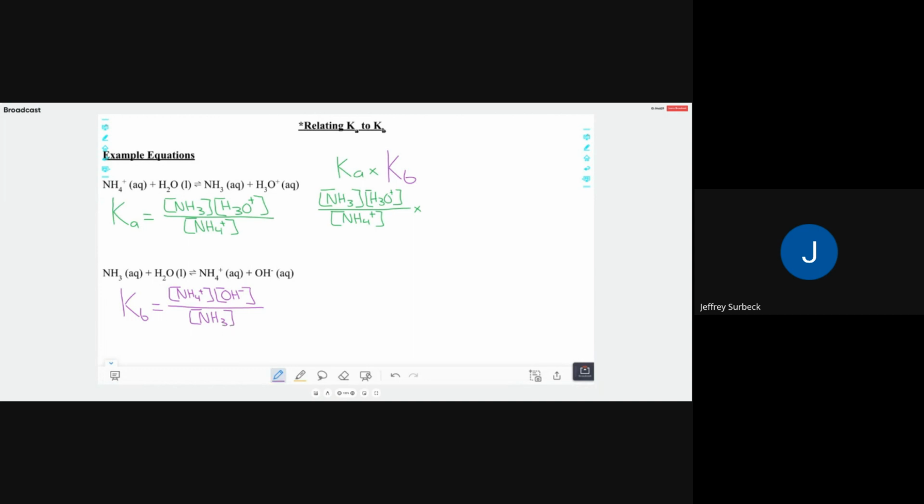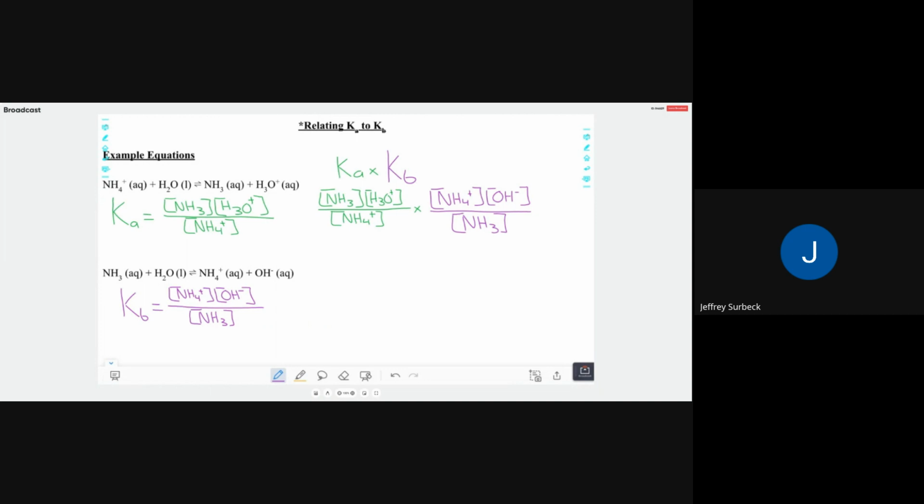So now we're going to say NH4 plus times our OH minus, all divided by the concentration of NH3. Now, again, we have a weak acid and its conjugate base, or vice versa. When we multiply these across, something unique happens, and we can cancel quite a bit.